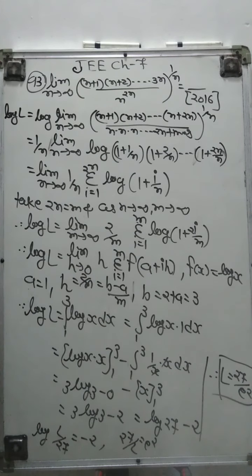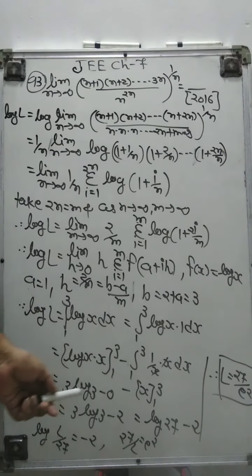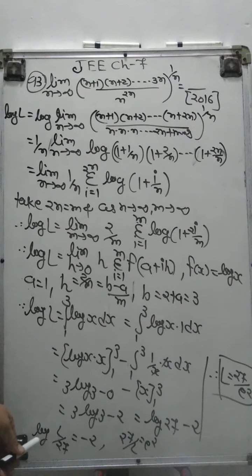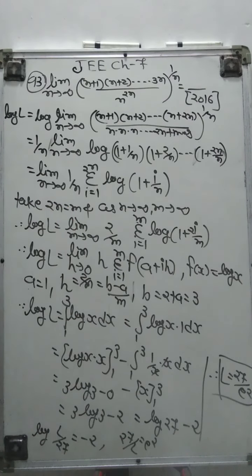So b is equal to 2 plus a is equal to 3, means log L equal to integration 1 to 3 log x dx, and then we integrate, we get log 27 minus 2 is log L. Therefore log L by 27 is minus 2. Converting into exponential form, we get 27 by L is e square and L equal to 27 by e square. Okay. Then we go for the next one.